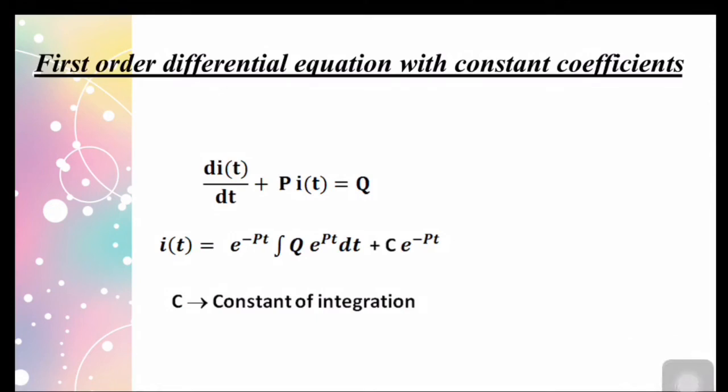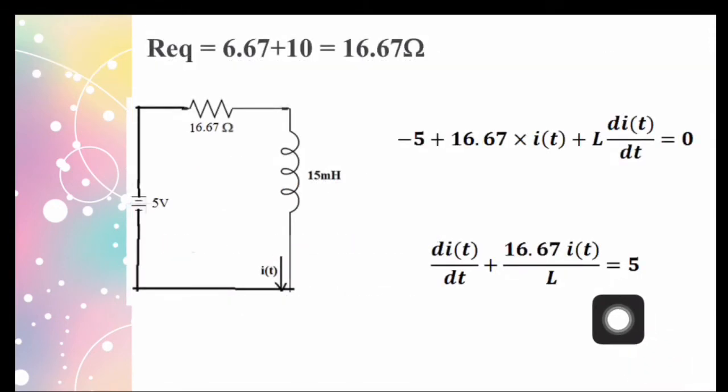So what we are going to do next is solve the first order differential equation obtained after analyzing the network given in question. This is the first order differential equation to be solved. When we compare this equation with the general form of first order differential equation, we get value of p is equal to 16.67 by L and q is equal to 5.